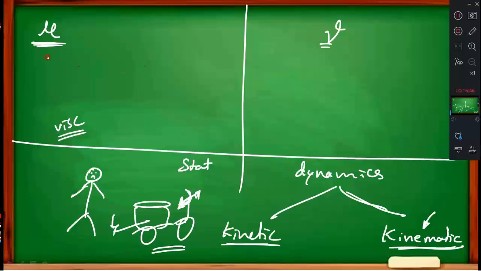You can remember like that. Dynamic viscosity means you are studying the resistance between the two layers, and along with that you are considering the force causing the motion. But if you ignore the force causing the motion, that is your kinematic viscosity.